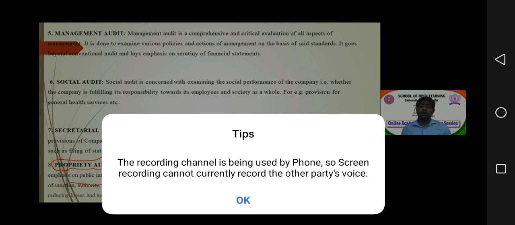In order to satisfy the fact that whatever decisions we have taken as a proprietor are within the framework of the rights and the freedom given to us under a specific act under which our business is being governed.